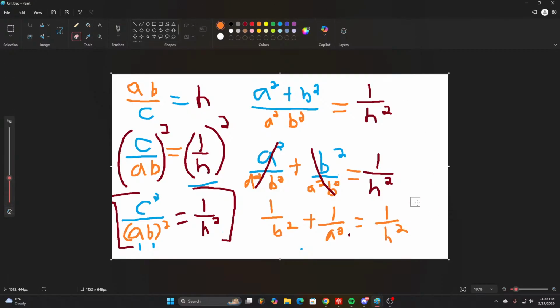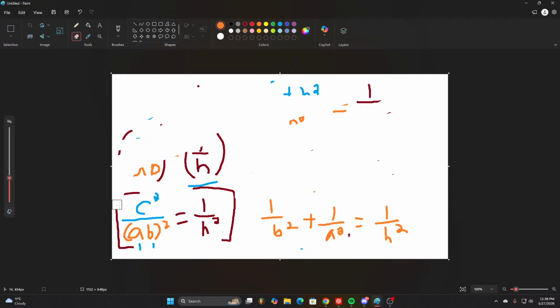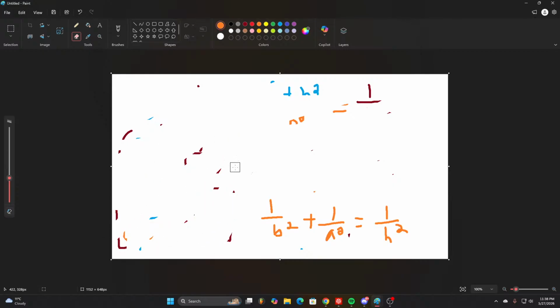The order of addition does not matter, so it doesn't matter what order I write this in.